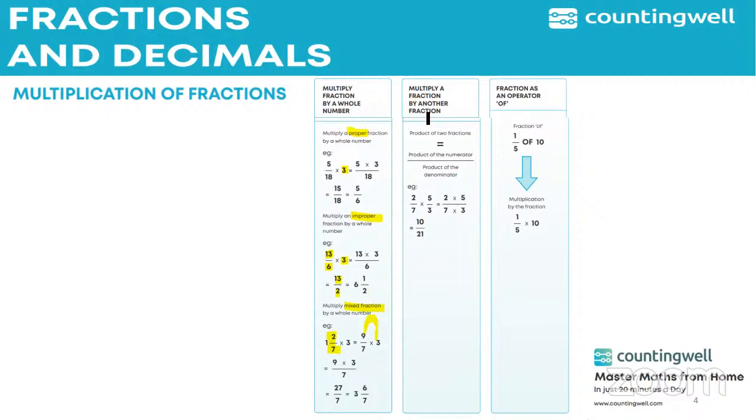Let us see how to multiply a fraction by another fraction. So the product of two fractions is nothing but the product of numerators and the product of denominators. So here we have two fractions, 2 by 7 and 5 by 3. And hence, by multiplying respective numerators and denominators, we have 10 by 21. Now let us see how to find a fraction 1 by 5 of 10.